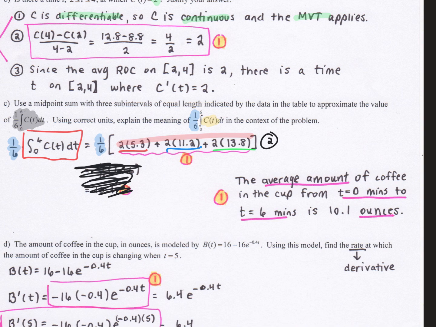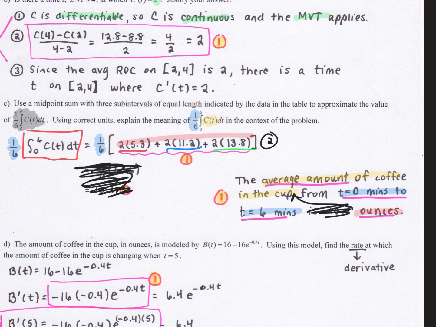So I have the average amount of coffee in the cup. That's the what. I have my interval, 0 minutes to 6 minutes. And then I have my units, which is given in ounces. I incorporated my actual answer of 10.1, but you don't have to do that. You could just say the average amount of coffee in the cup in ounces from t equals 0 minutes to t equals 6 minutes.